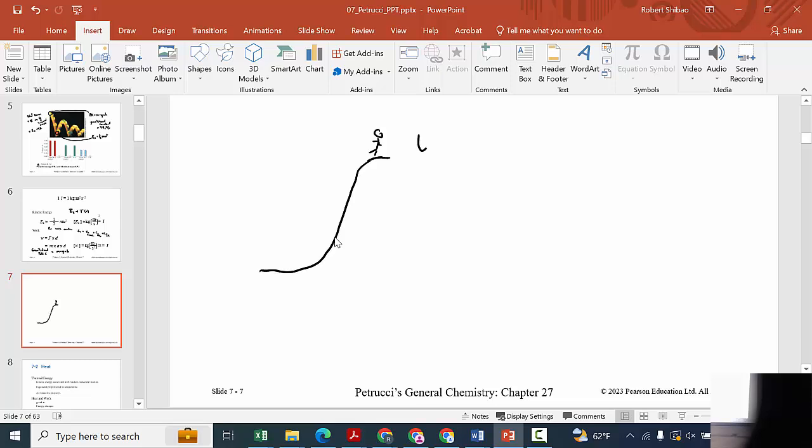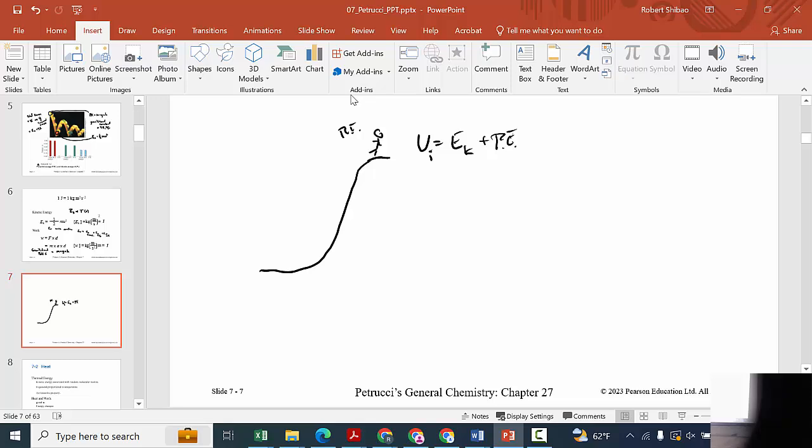Okay, U is equal to the kinetic energy, E sub k, plus the PE. And let's say we're at room temperature here, RT. This is U initial.